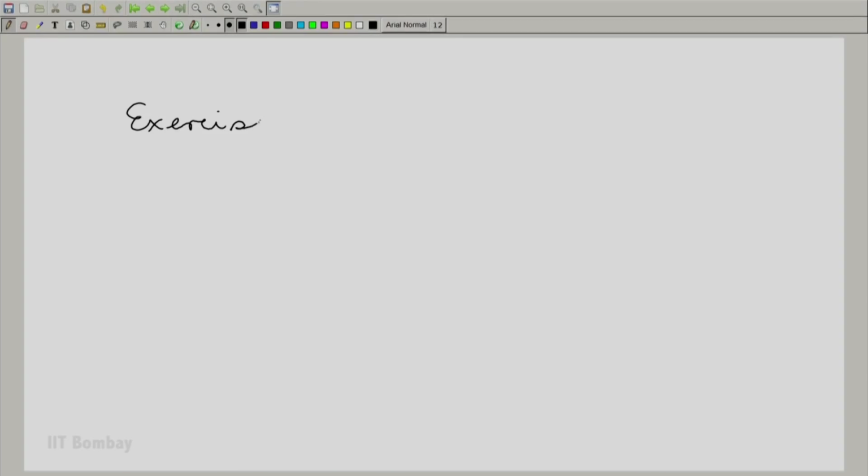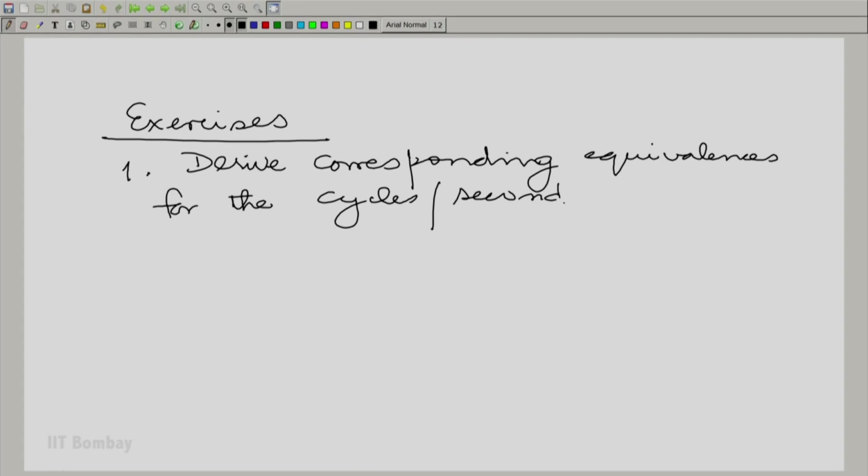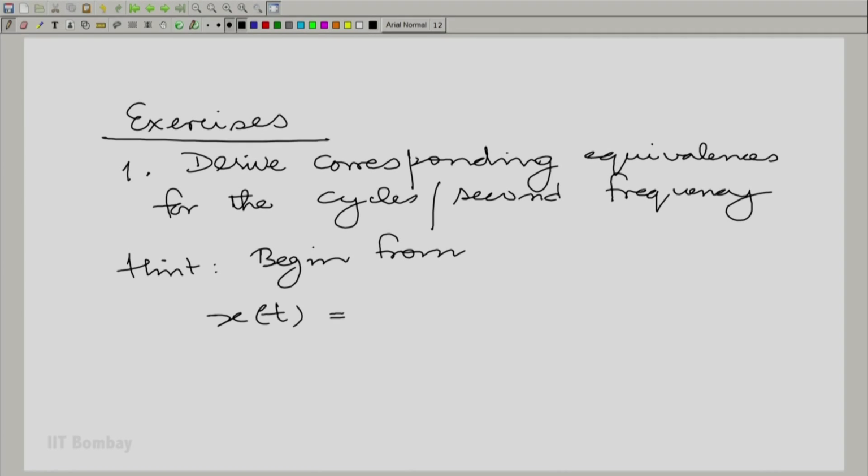In fact, now I am going to give you, as I said, two exercises to do. Let me write down these two exercises. Exercise 1 is derive corresponding properties for these cycles per second frequency, and the hint is begin from the equation. x(t) is of course the inverse Fourier transform, but written in terms of the cycles per second frequency.